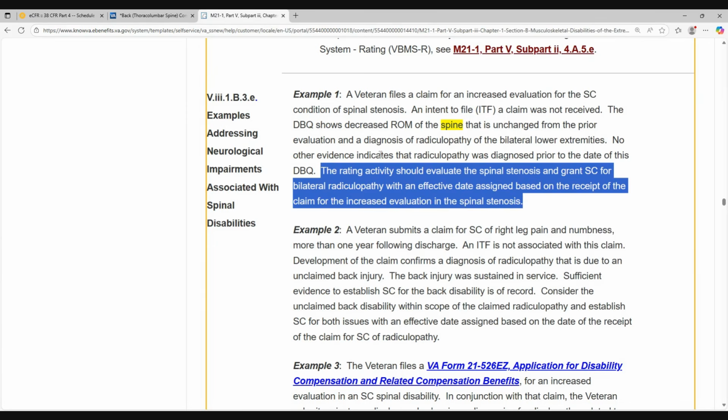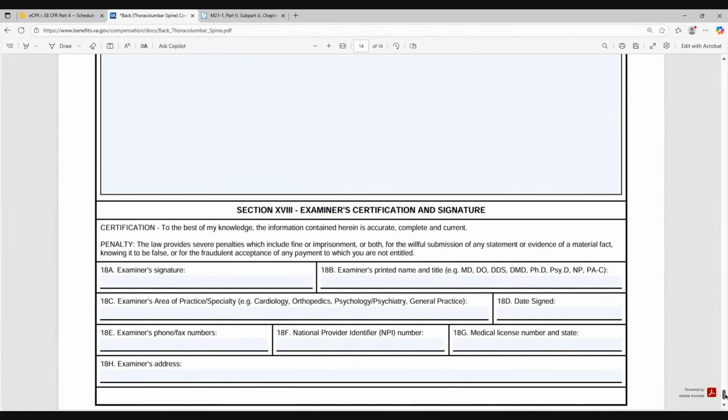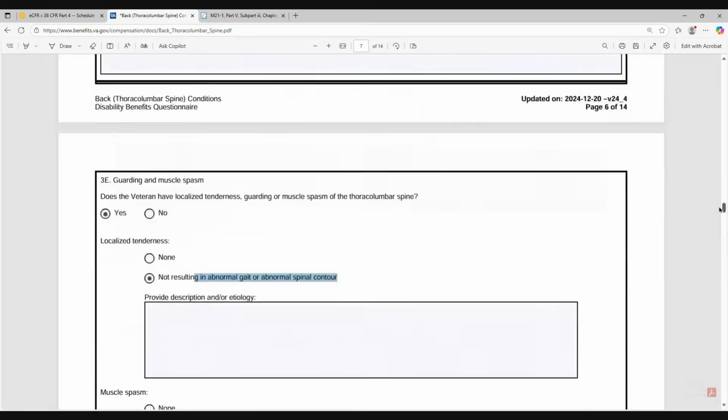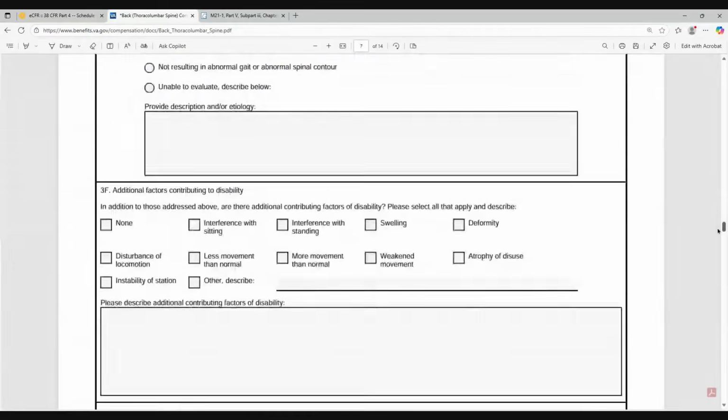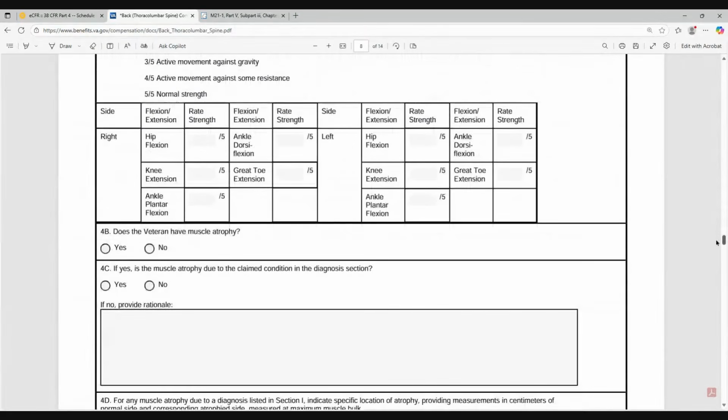What I was saying here is we will automatically raise, if you are granted for a spinal condition and we find new evidence of radiculopathy, we will grant the radiculopathy, even if it's been previously denied, because we consider it a within-the-scope condition, because the radiculopathy has a built-in medical opinion on the DBQ.